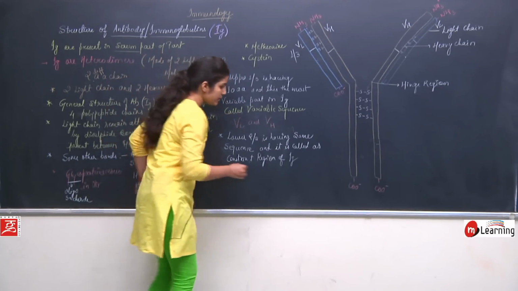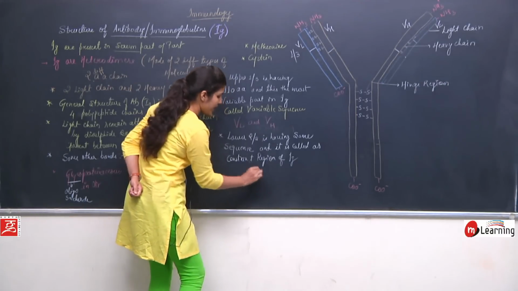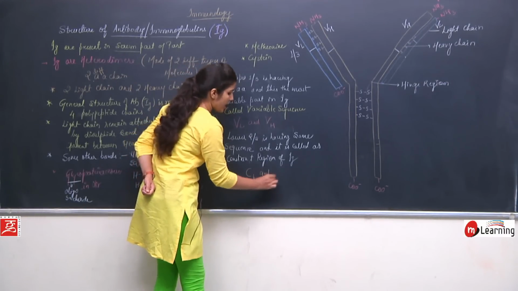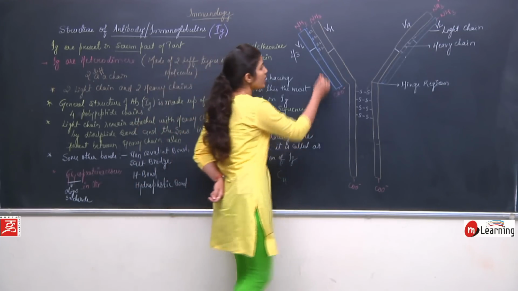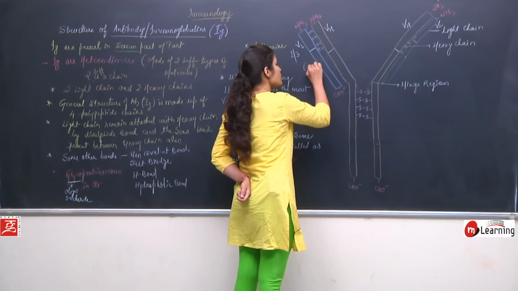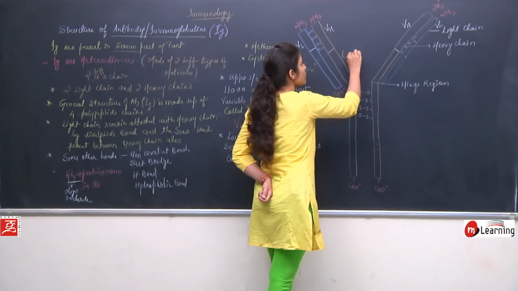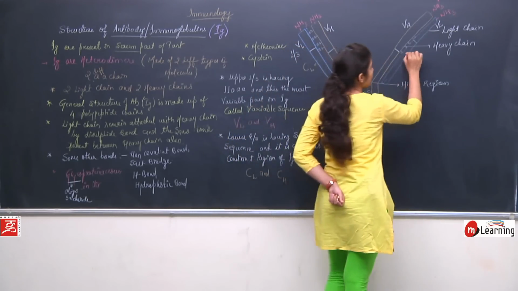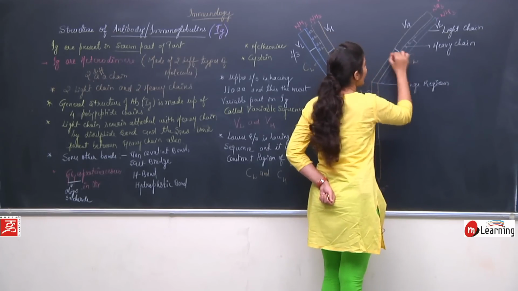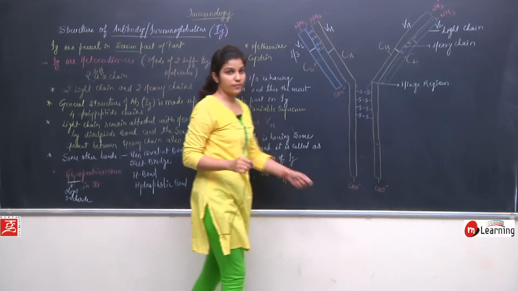So, we will term it as constant region of light chain and constant region of heavy chain. So, here this one is constant region of light chain and this one will be constant region of heavy chain.